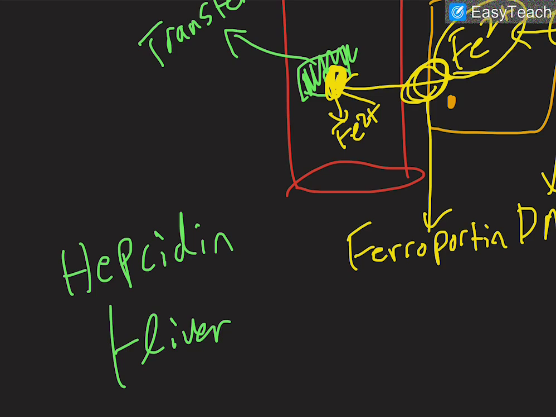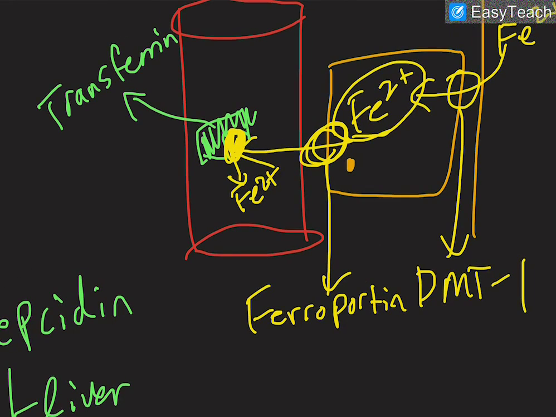The reason you would produce a lot of hepcidin if you already have a lot of iron is because hepcidin inhibits ferroportin. If you inhibit ferroportin, you can't absorb iron into the bloodstream from your intestines. You would want to do that if you already have way too much iron in your blood.